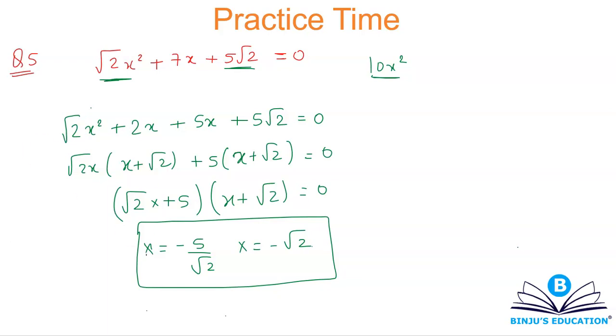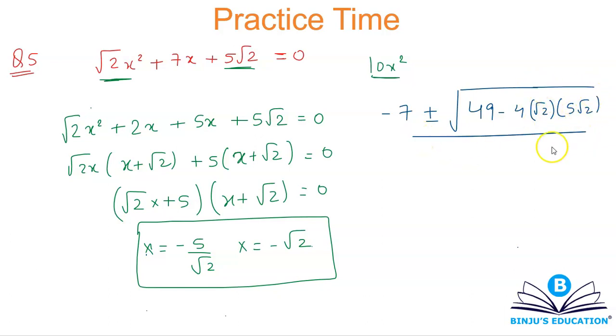You can definitely use the formula also. So that's minus b, which is minus 7, plus minus root of b square, that's 49, minus 4 into root 2 into 5 root 2, divided by 2 root 2.